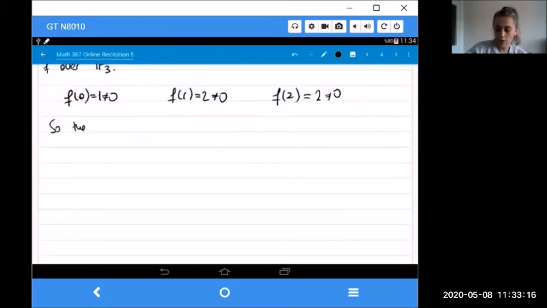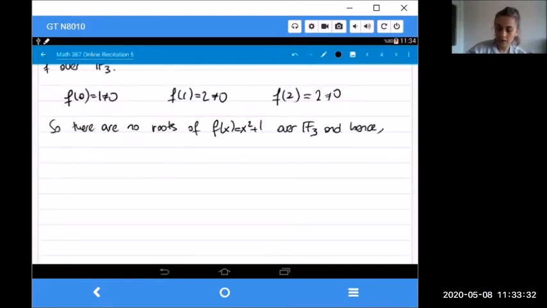So there are no roots of f of x, which is x squared plus 1, over F3, and hence x squared plus 1 is irreducible over F3.